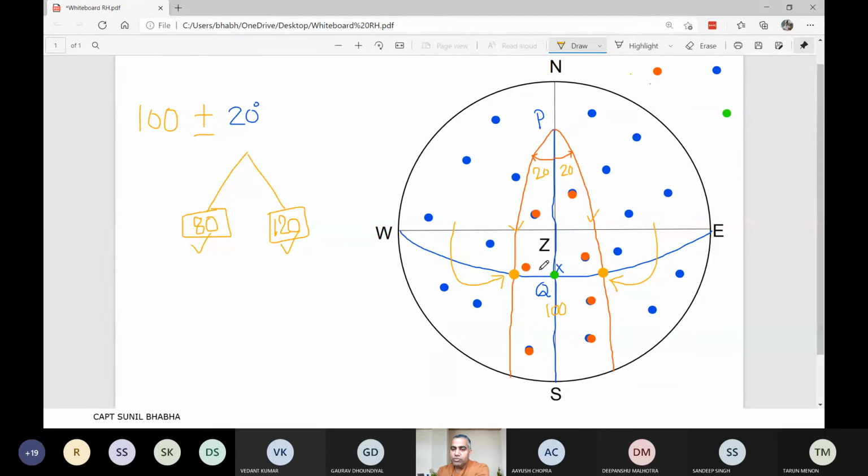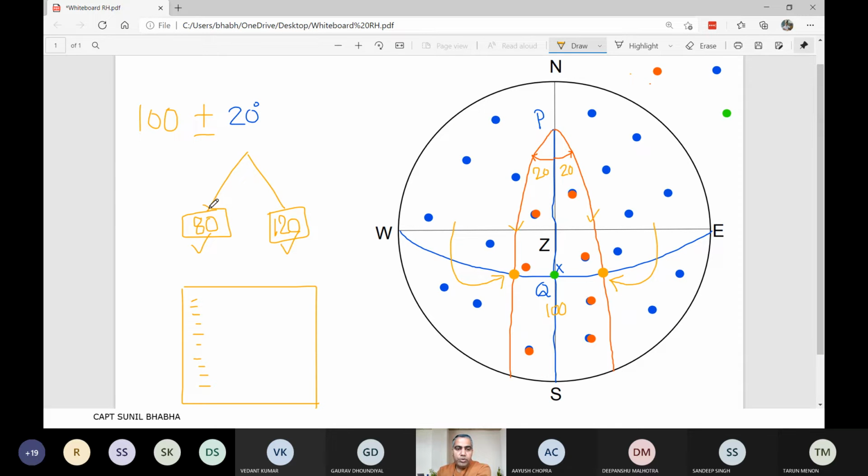Now it is very easy to find these red color stars. How can we find them? Beta, the table on page 268 gives us the list of stars in increasing order of SHA. So from 000 degrees to 360 degrees, the SHA of the star is listed in the table.